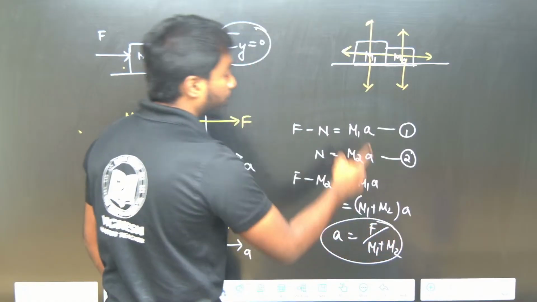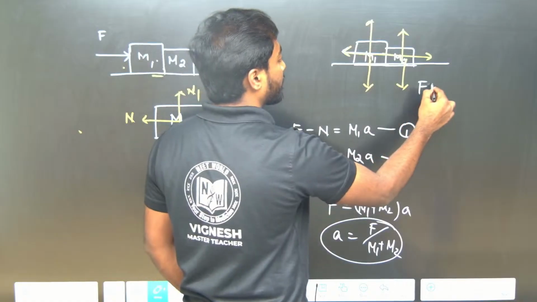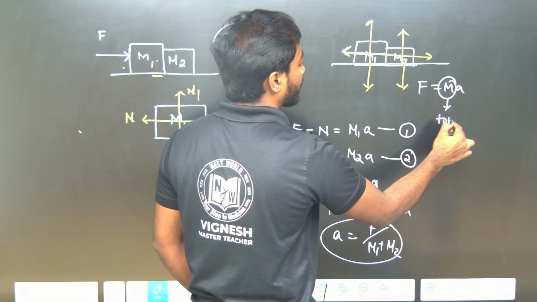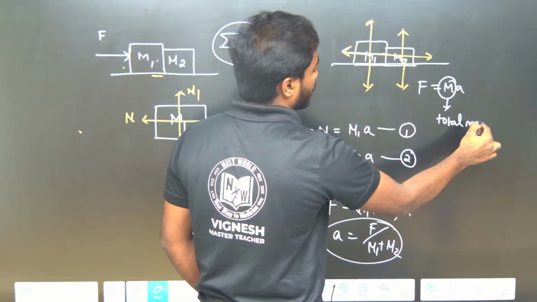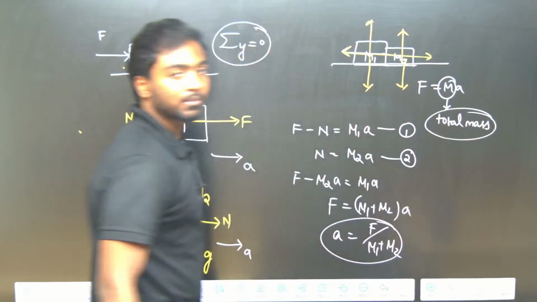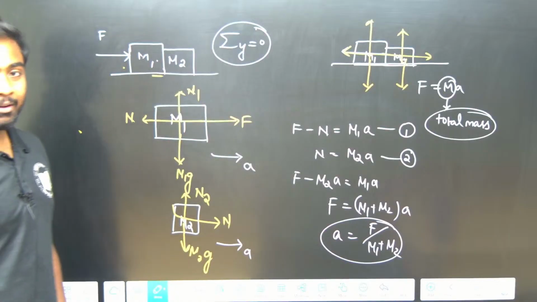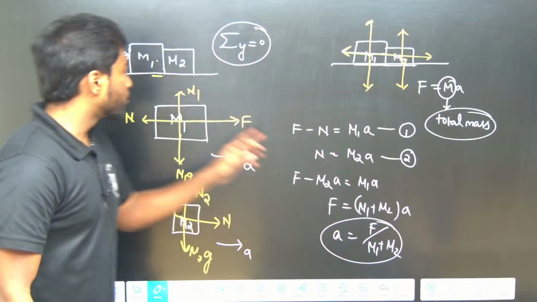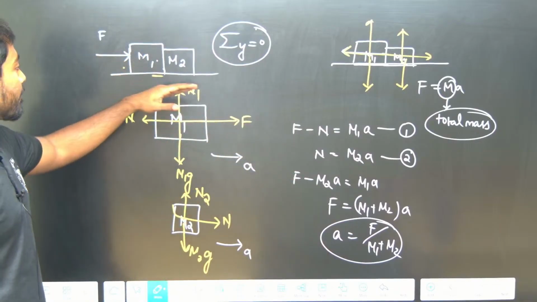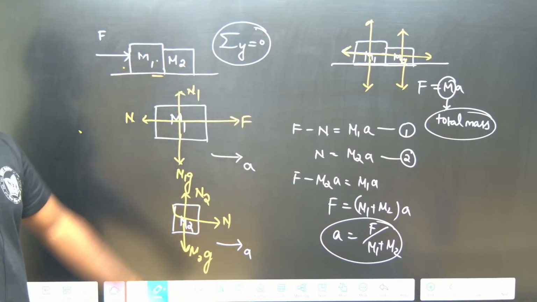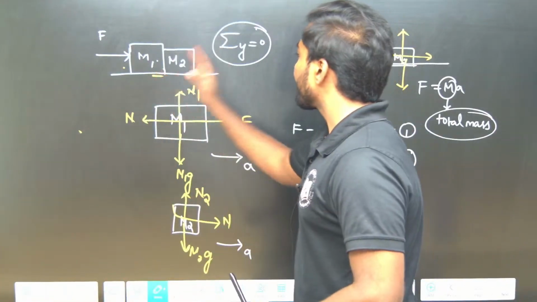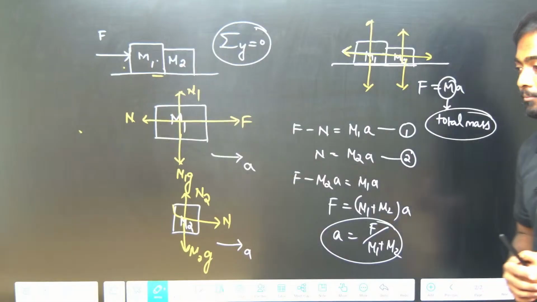Yes, the previous thing we have written, F is equal to mass into acceleration, where the mass is the total mass. So when I want to find the acceleration of the given blocks, a is equal to the external force applied divided by the total mass, right? You can take a note of this. We will see the three blocks case next, okay?